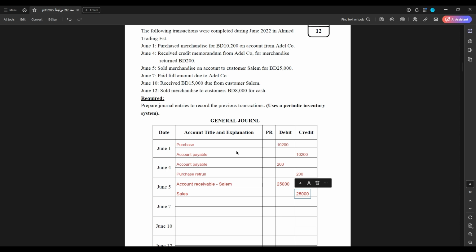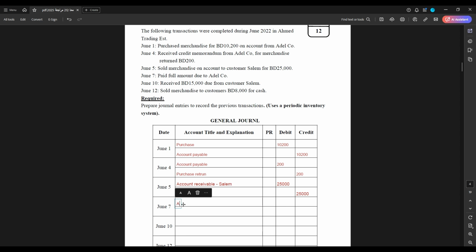On June 7, paid full amount due to Adil Company. So we purchased merchandise from Adil on June 1st, and we returned some of it on June 4. Now we have to pay the remaining amount to Adil.